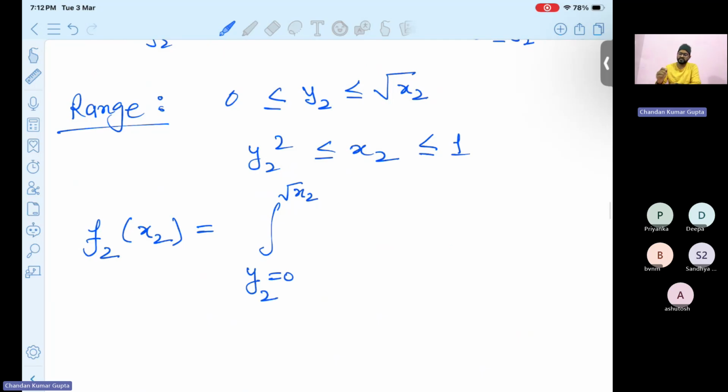It's y2, not y. So it is the integral of 6 x2 y2 dy2.